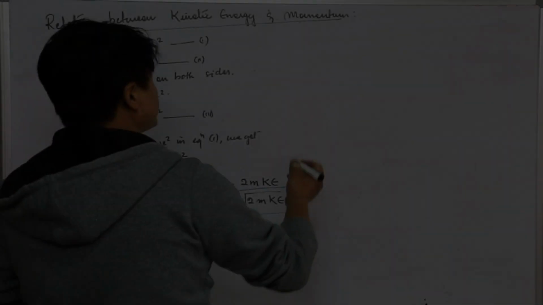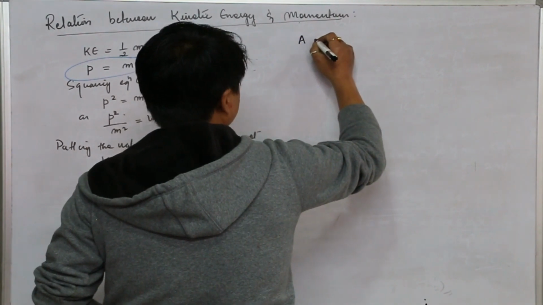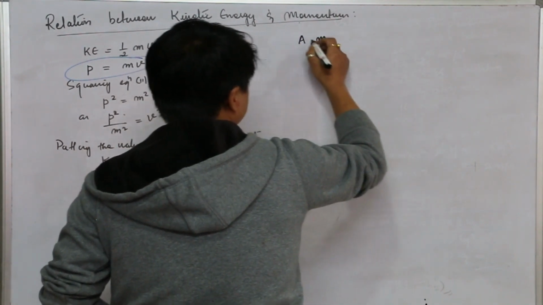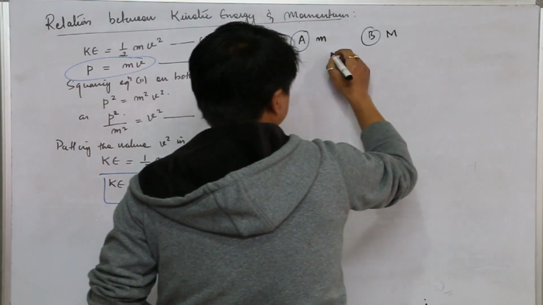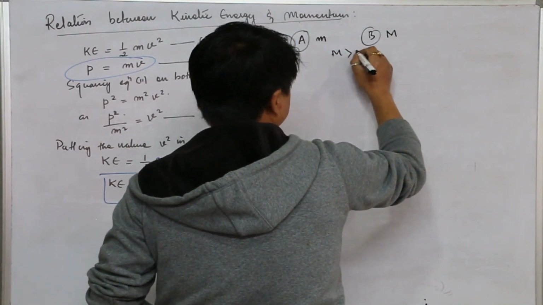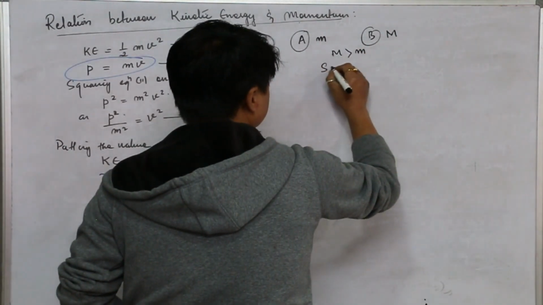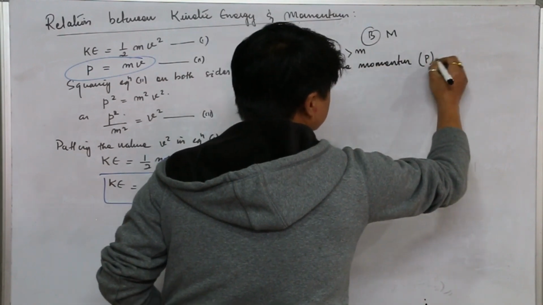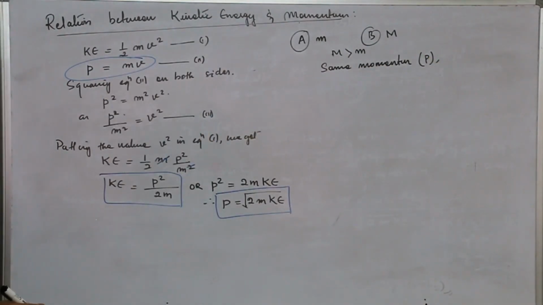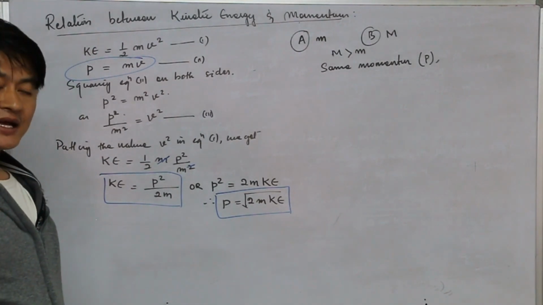So let's take one example. If you have body A with mass m and body B with mass M, and here M is greater than m, and both the bodies have the same momentum P. We have to find which body will have more kinetic energy.